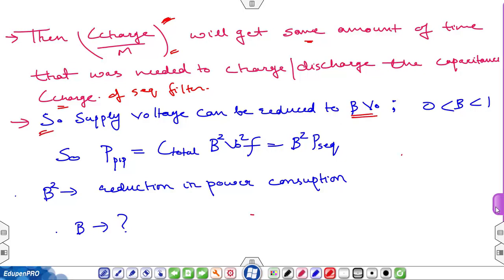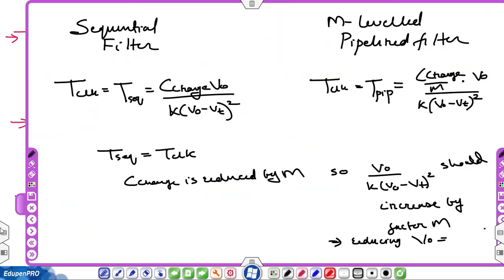This I can prove mathematically. Considering the sequential filter and the M level pipeline filter, T clock for that filter can be given by the formula equal to T sequential. This is the propagation delay for that filter, given by C charge into V naught divided by K into (V naught minus Vt) whole square.